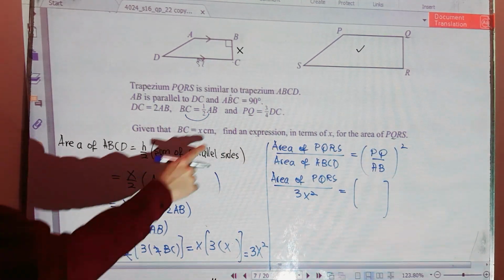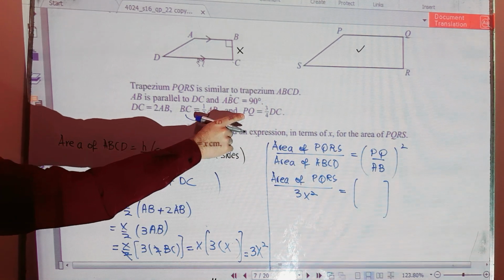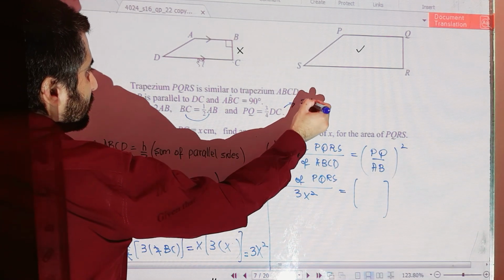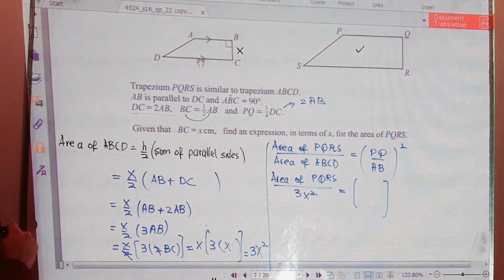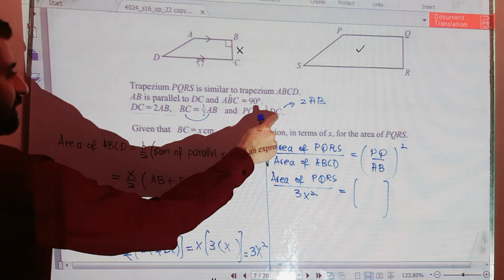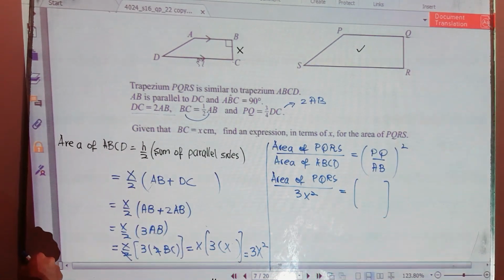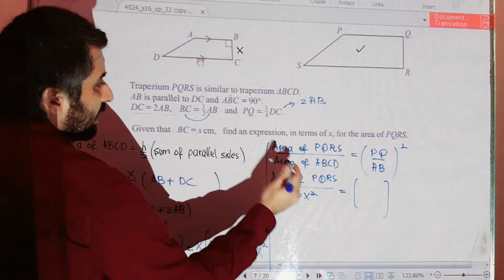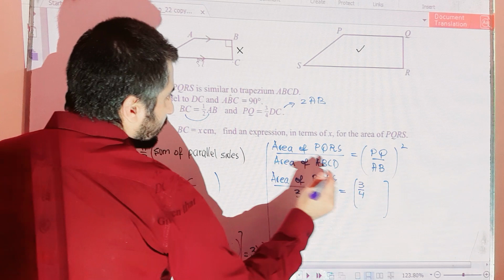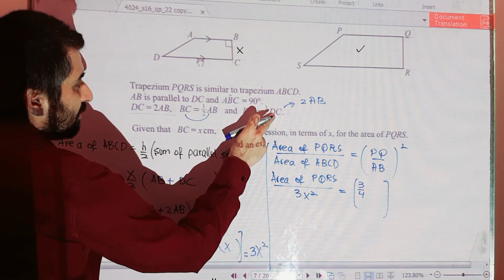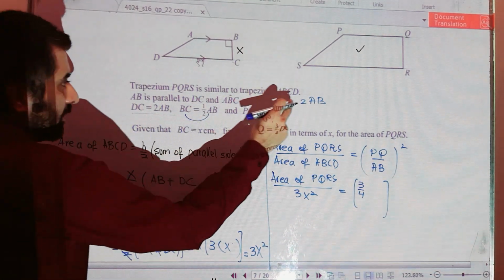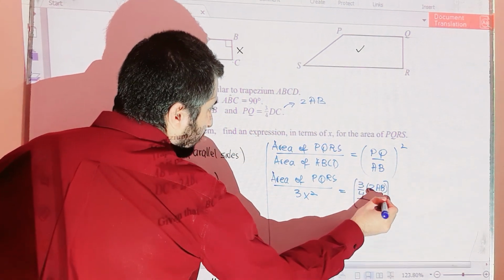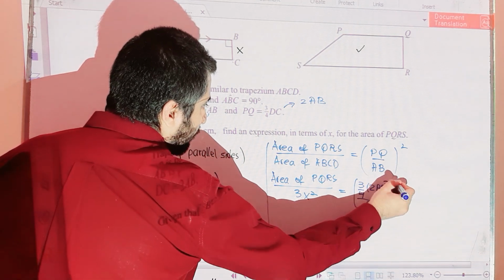Now what is the value of PQ? Over here PQ is 3/4 DC, and don't you think DC is 2 times AB? So in place of PQ I can write 3/4 DC, and in place of DC I am going to write 2AB, divided by AB, all squared.